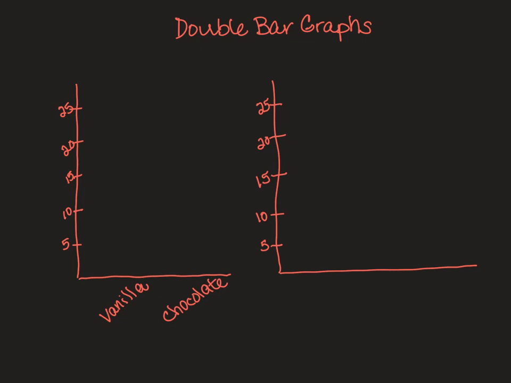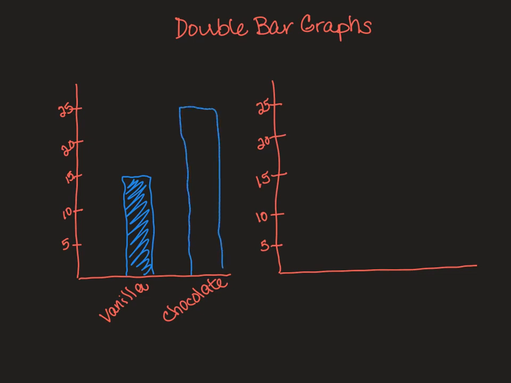So let's say, for instance, and I'm going to stick with ice cream because I love ice cream, that I asked the class which do you like better, vanilla or chocolate? Okay, so it winds up that 15 people in the class like vanilla, and there's 40 kids in the class, and 25 like chocolate.